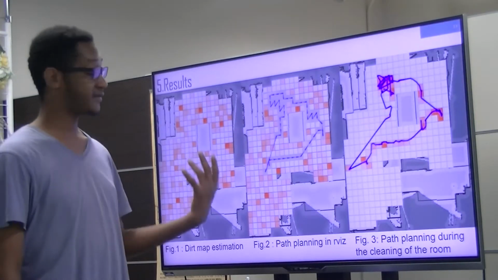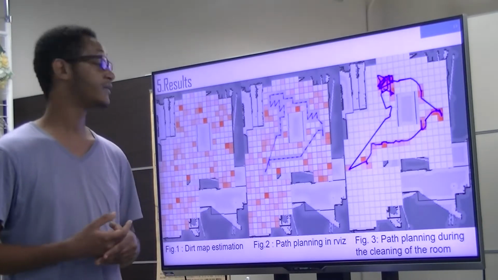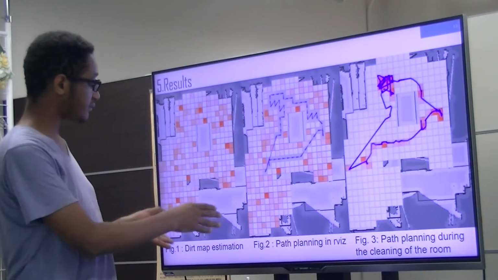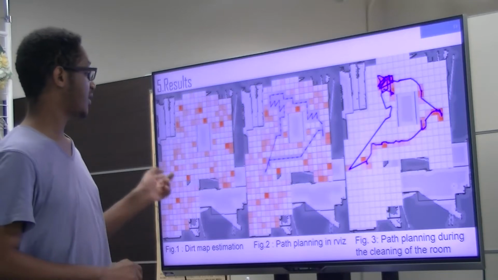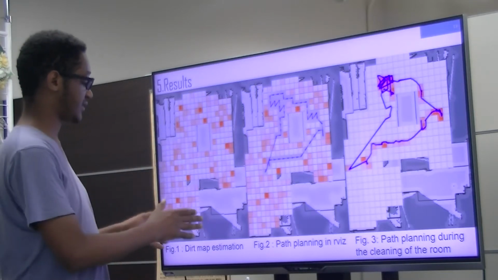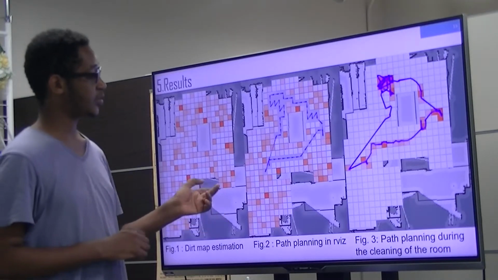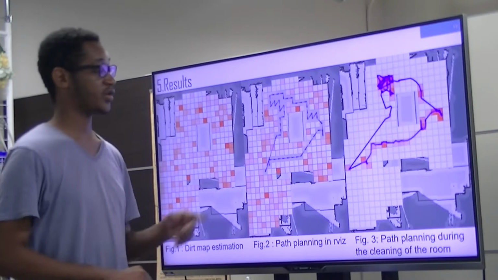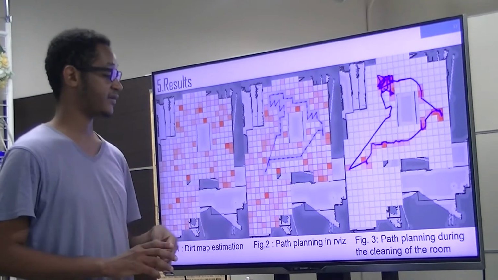So after estimating our dirt level with a variable distribution, we test our approach by first estimating the dirt map at a certain time, and with the dirt map we derive a path that the robot should follow. We train our network to find this path.